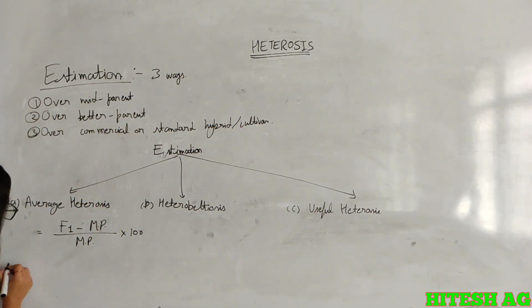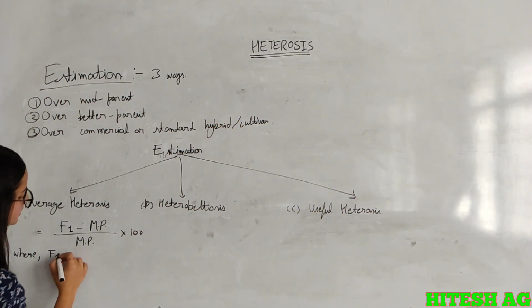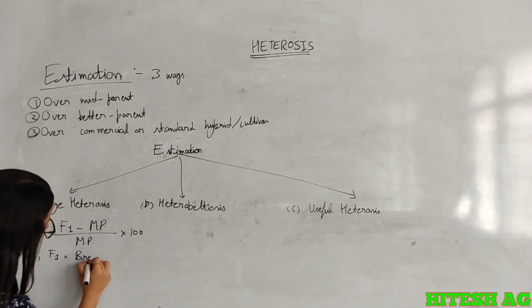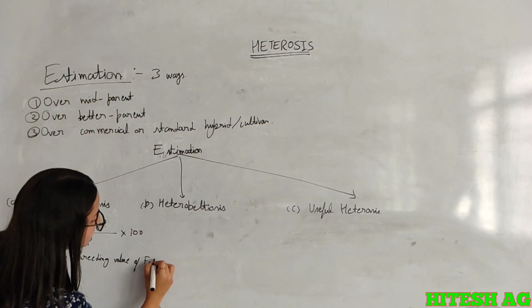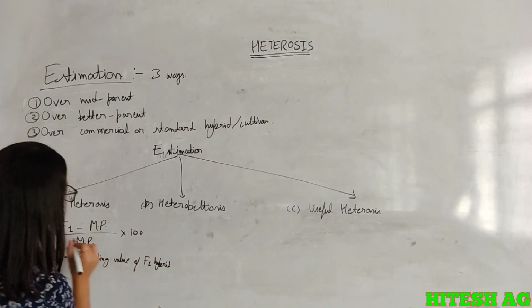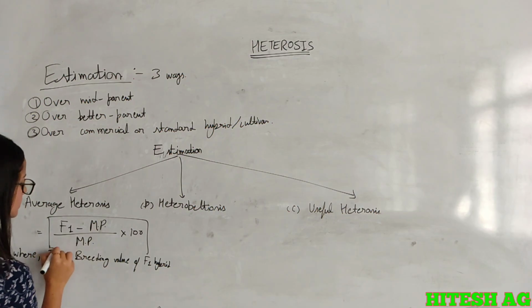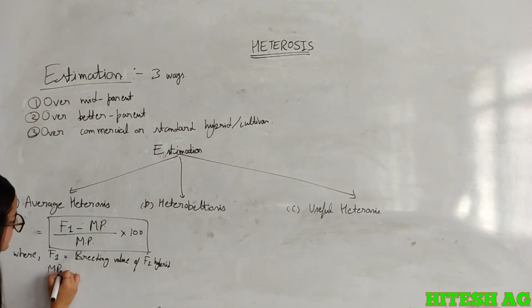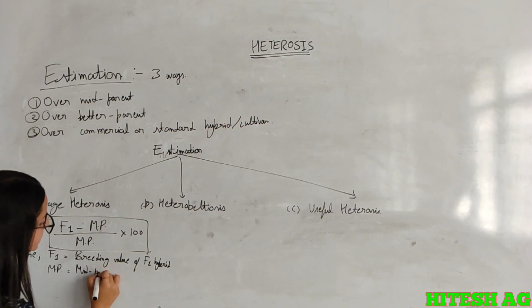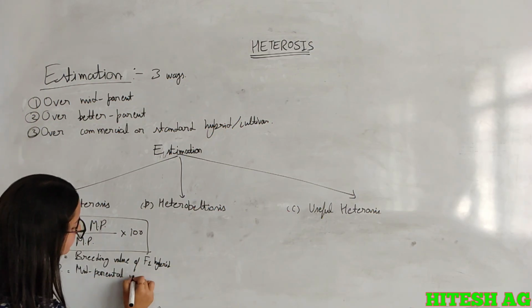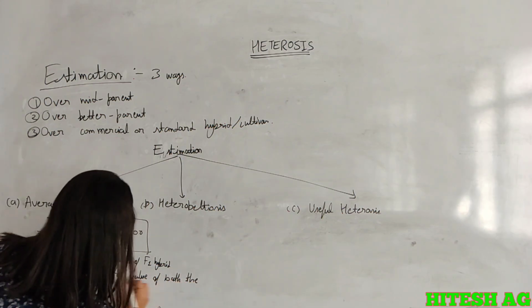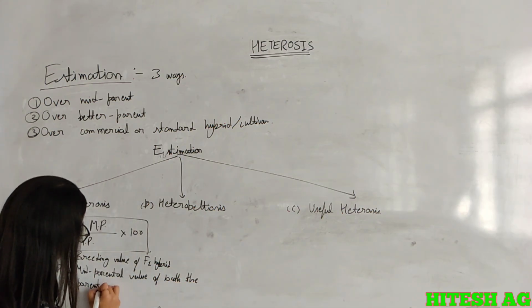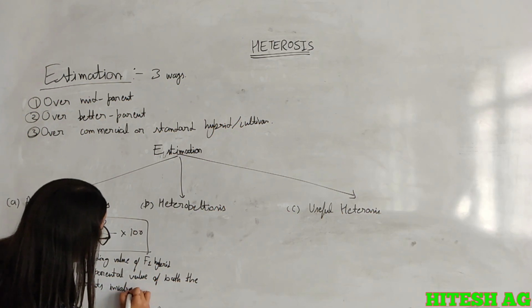F1 is the breeding value of the F1 hybrid that you got from your cross, and MP is the mid parental value of both the parents involved in the cross.